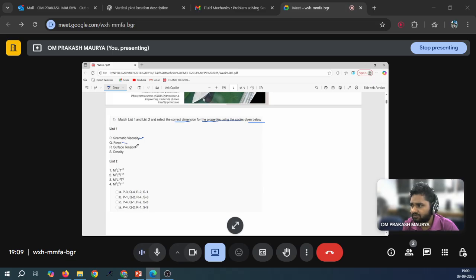Kinematic viscosity is mu divided by rho.